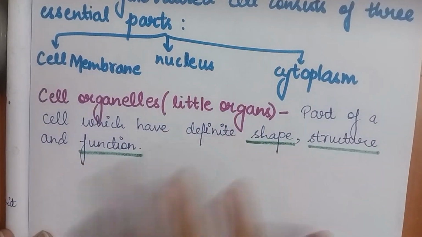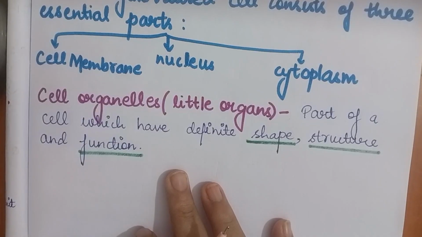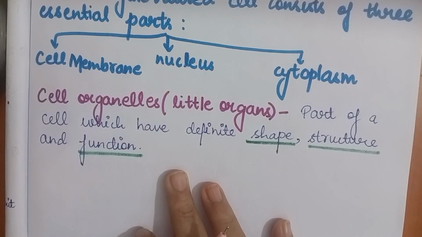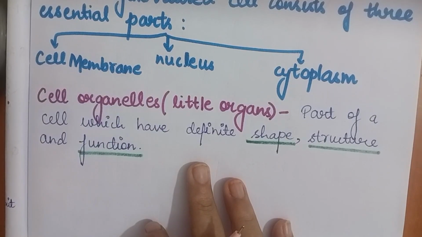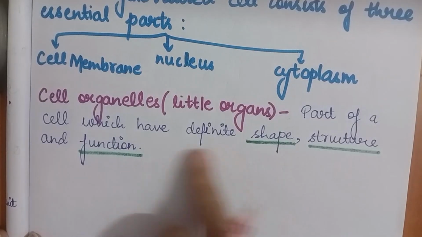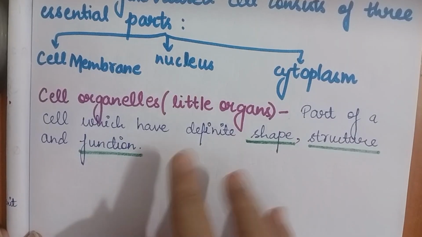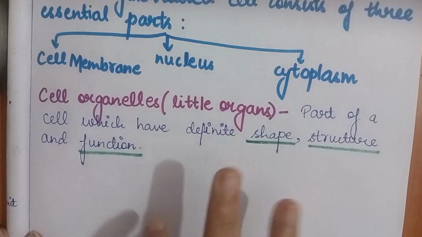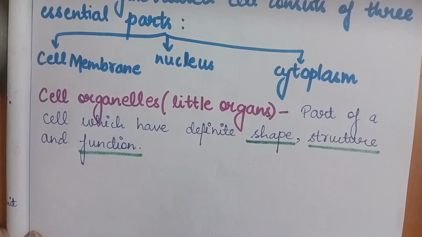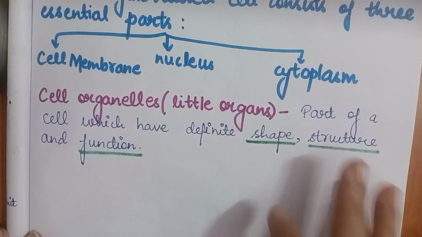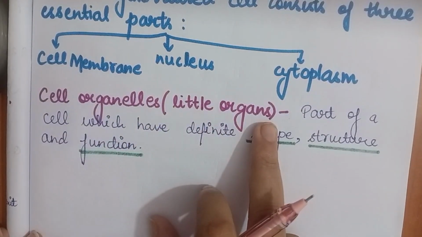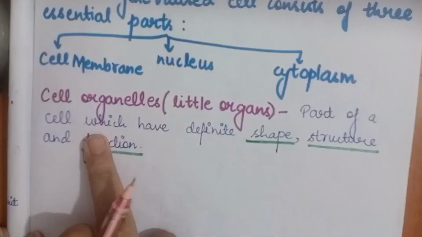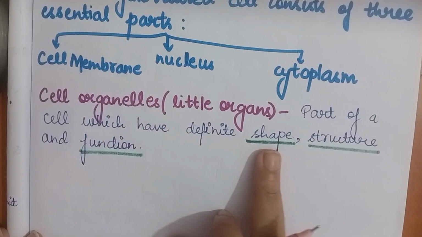Suppose, our body has different organs like lungs, stomach, and they have a definite shape and a function. Similarly, a cell has different parts which are present within a cell, and they have a proper function, a shape, and a fixed structure also.